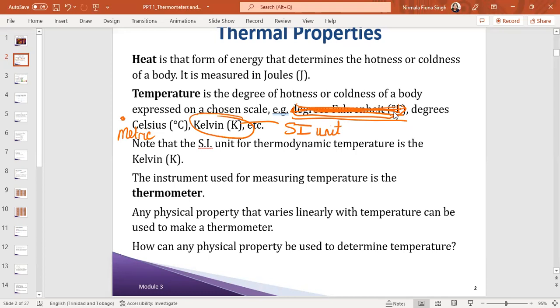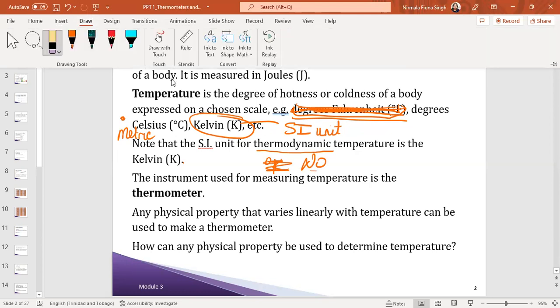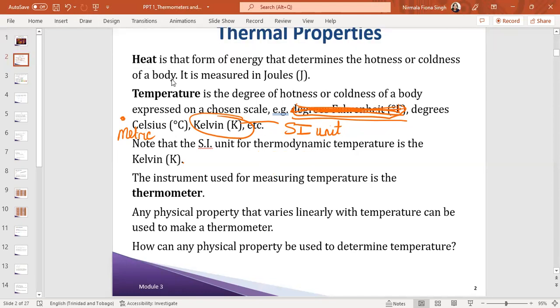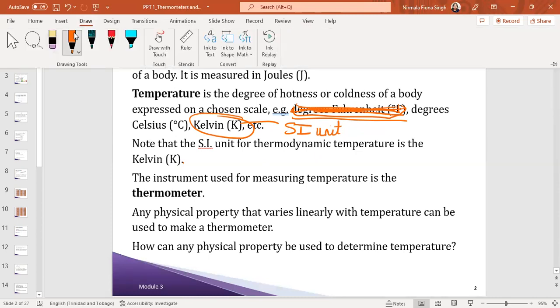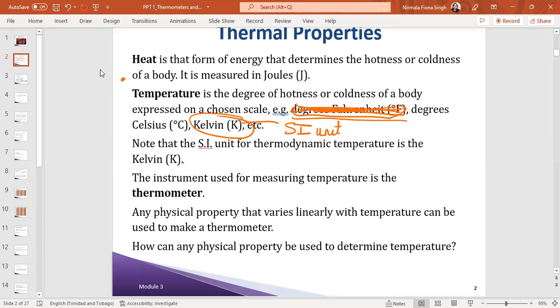So note that the SI unit for thermodynamic temperature, another name for the Kelvin scale, or the absolute temperature scale, is given by Kelvin. Please note, it is not degrees Kelvin. Don't do that. It is just Kelvin, named after Lord Kelvin. You can go and read up on Lord Kelvin if you want. He did a lot of work in physics and chemistry.